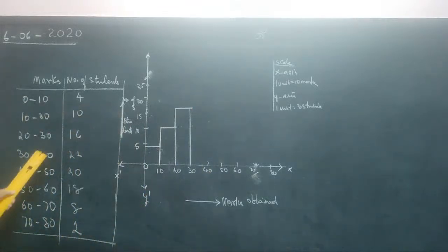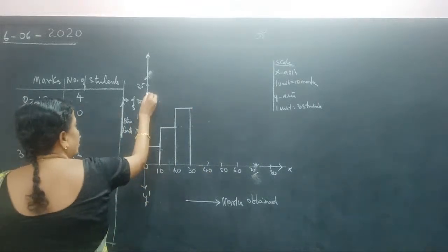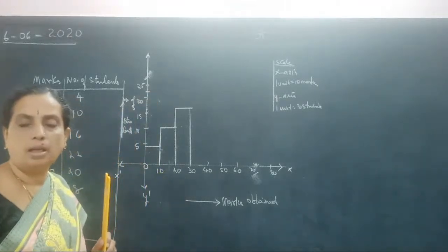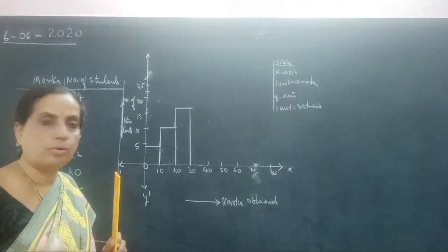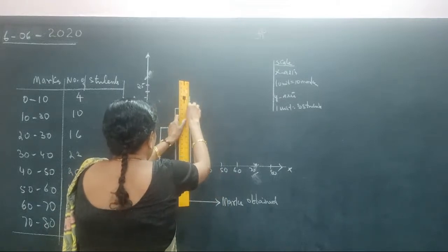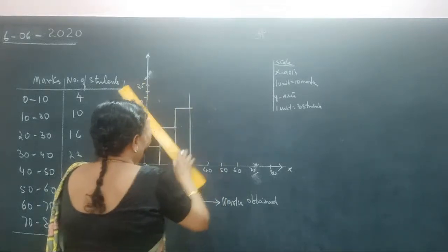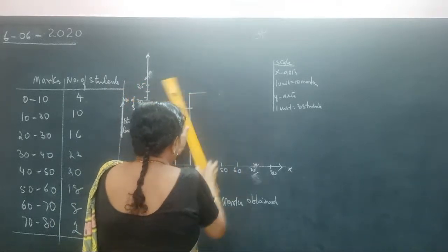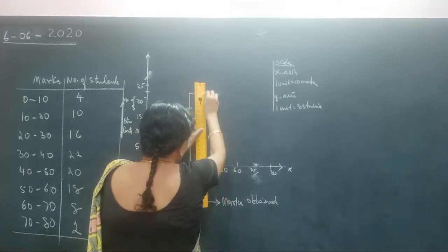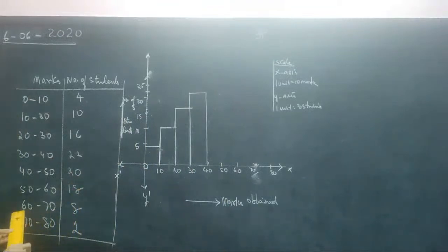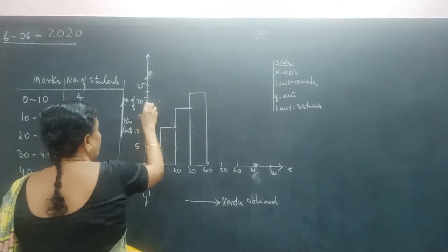Then 30 to 40 is 22, the maximum here. 22 means 4 divisions: 21 is 2 divisions, another 2 divisions added you get 22. Make 4 divisions, then join them through the rectangular box like this. Is it clear? Next, 50 to 60 is 18, that is 4 divisions below 20.